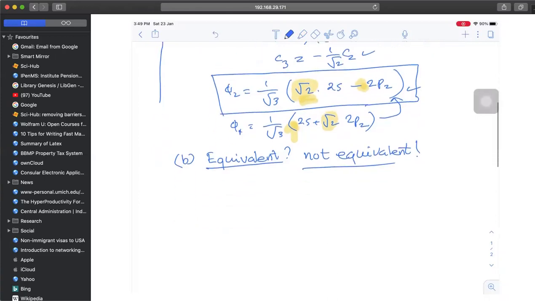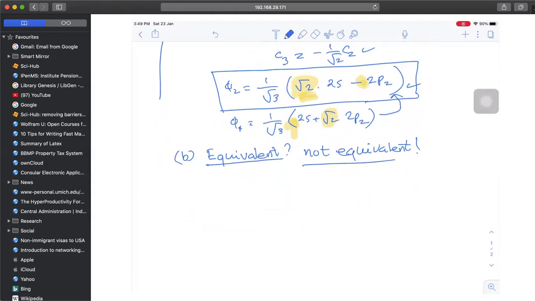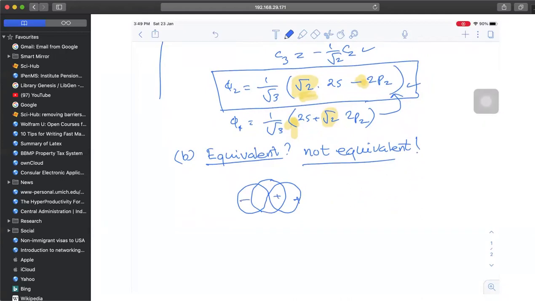Okay, then the next thing is you have to make plots of these orbitals. This is 2pz and that is 2s. So this is the way it is. If you wanted the first orbital, what will happen?